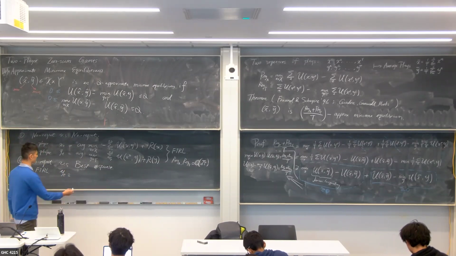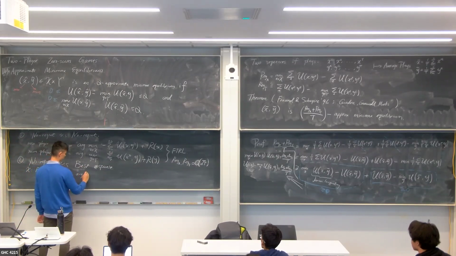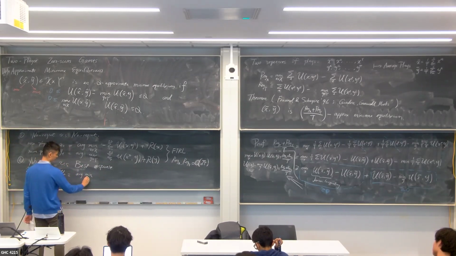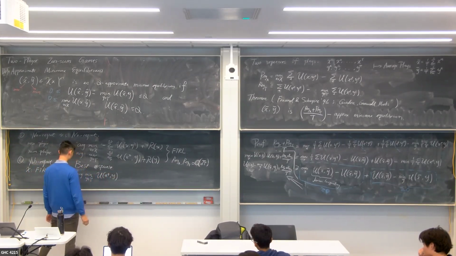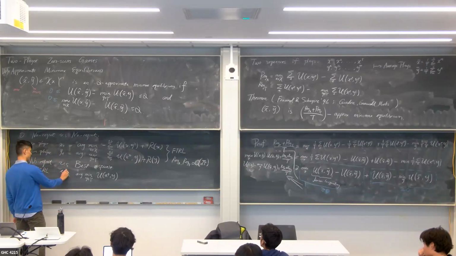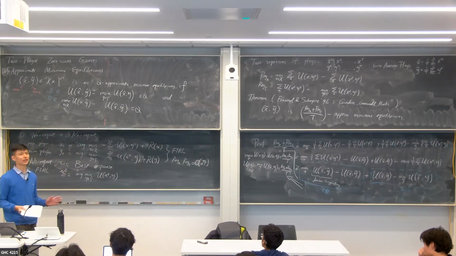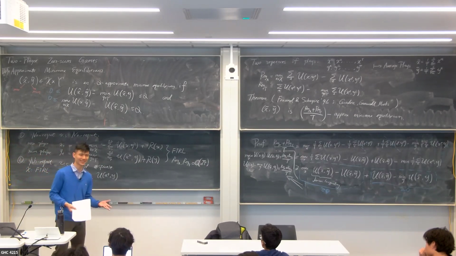Y gets to wait, having now seen what the X player played, which is x_t. This is like cheating, but everything is sort of simulation.